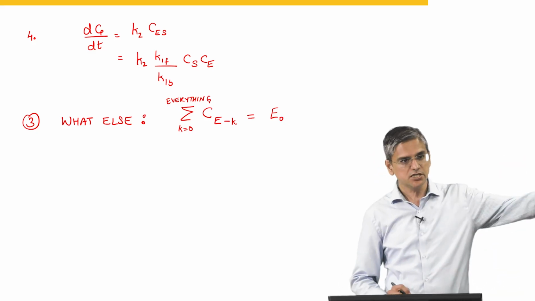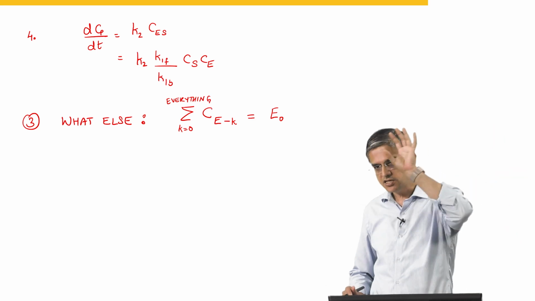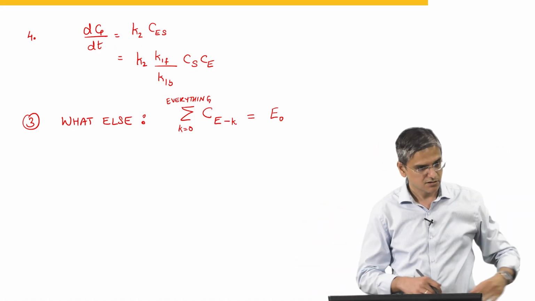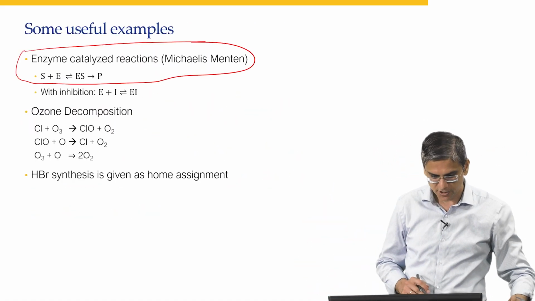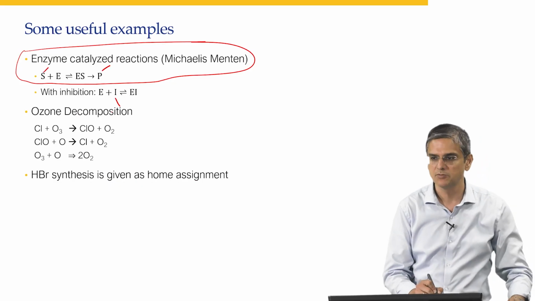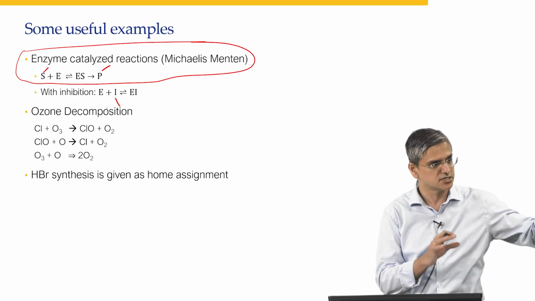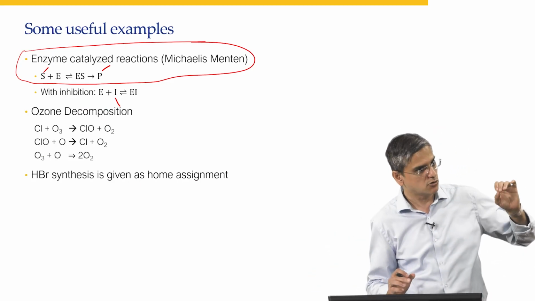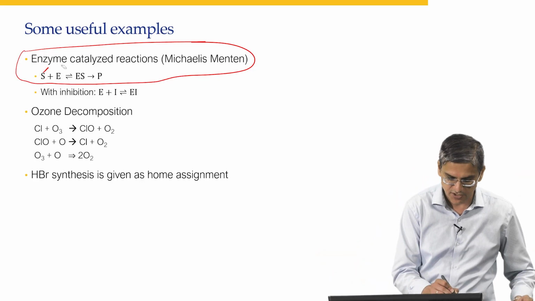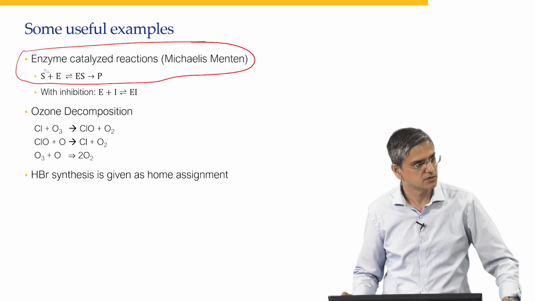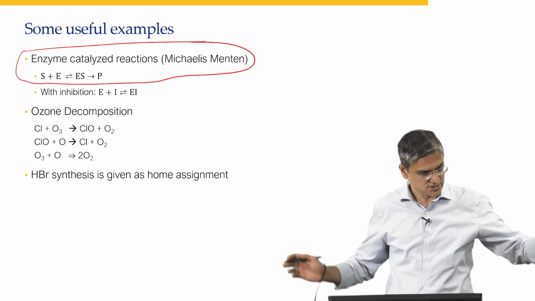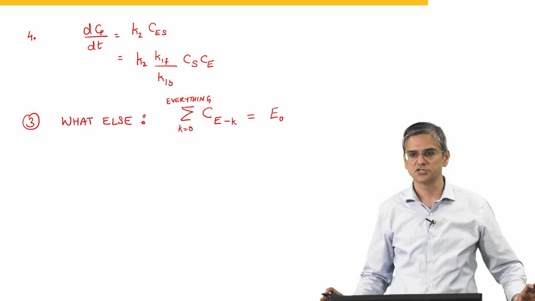So, CE, CES, CEP, CESP, CEI, CESI, and so on, everything. What I am talking about over here: enzyme can be bound to substrate, enzyme can be bound to product, enzyme can be bound to an inhibitor, enzyme can be bound simultaneously to an inhibitor and a substrate, enzyme can be bound simultaneously to an inhibitor and a product. All of those possibilities are there, that results in different types of Michaelis-Menten kinetics. All of these will follow the same concept, you add all of those concentrations up.